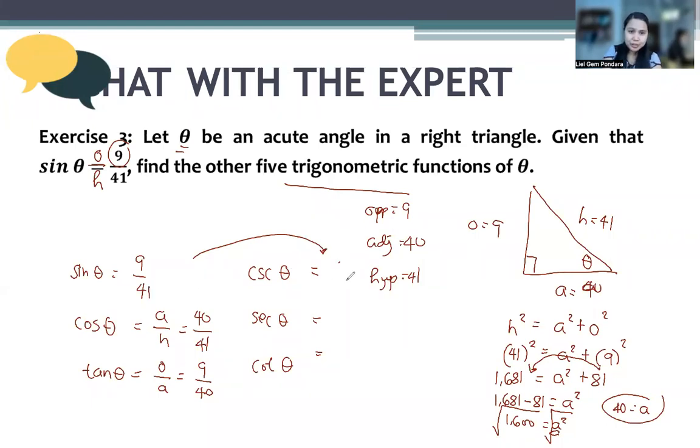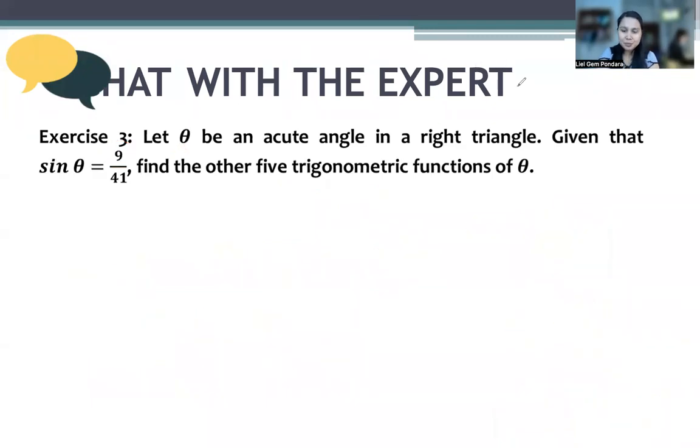So that's 41 over 9, 41 over 40, and 40 over 9. That's it. Any questions? Or give me a thumbs up if you're clear with that. Thank you.